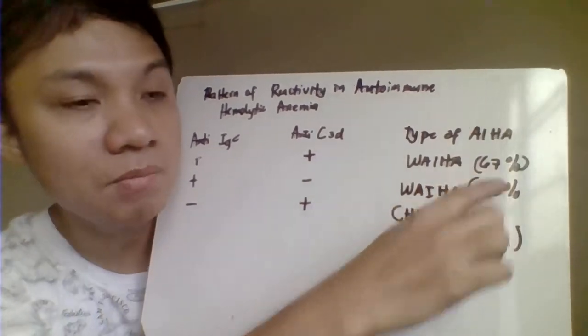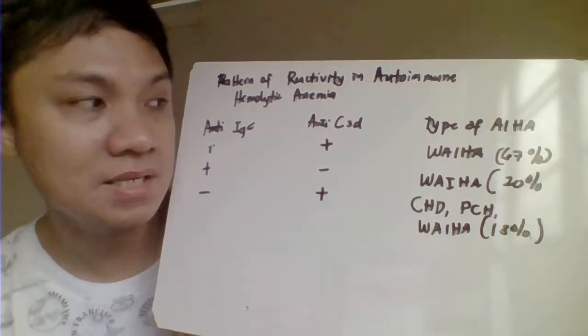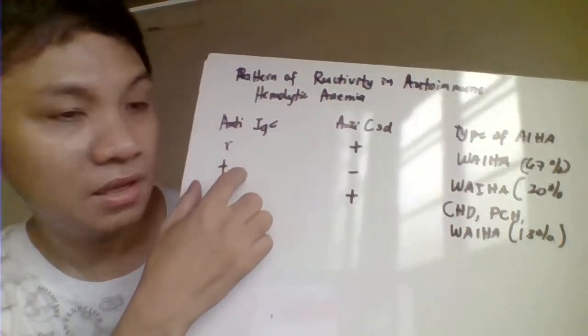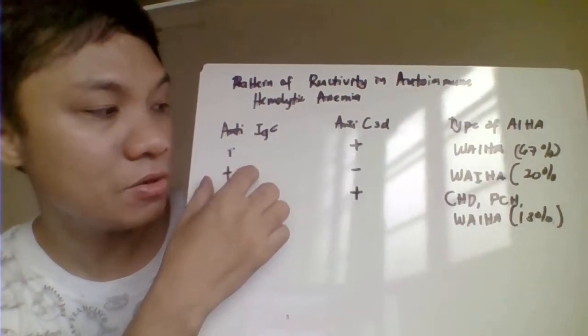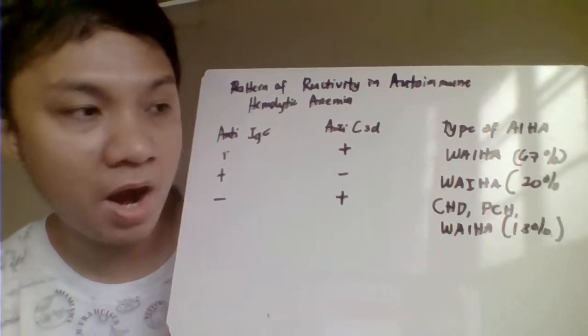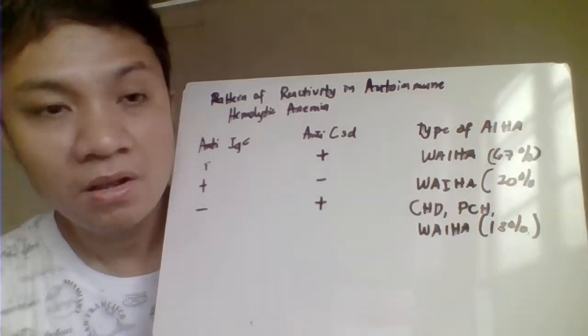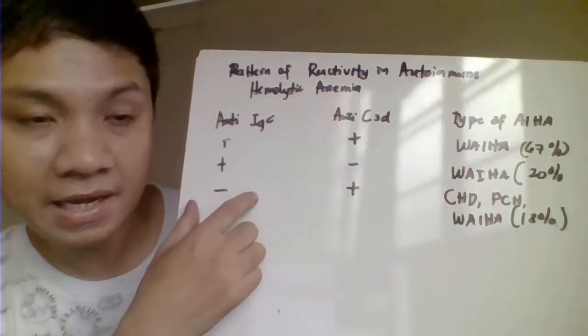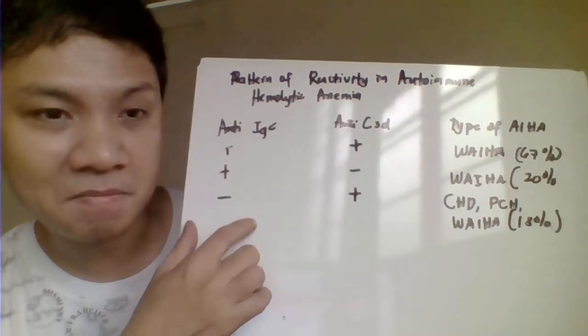Majority of that, 67%, pag ganitong sakit ng patient, it will give this pattern of reactivity. Pero for example, positive lang siya dito, negative siya dito, it might also be present in warm autoimmune hemolytic anemia, only that it occurs in only 20% of the population. Pag negative dito, so hindi talaga siya warm, di ba?